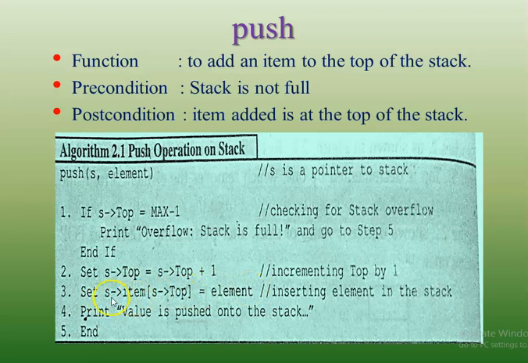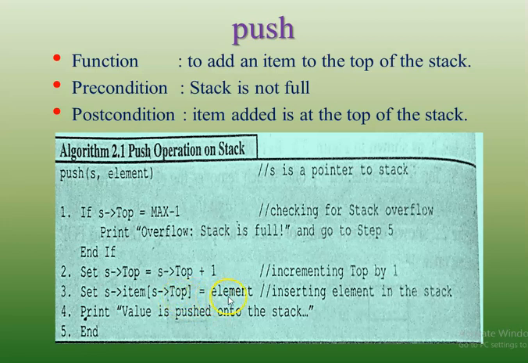Item is a member, and top is also a member. So along with these two members, we have to use the stack pointer. s->item, within square brackets we will be referring to the index value s->top, which is equal to element.